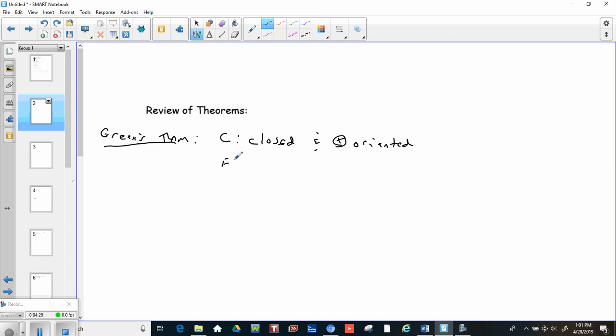F would be defined as some vector field PQ, and the thing about Green's theorem is that it was 2-dimensional.